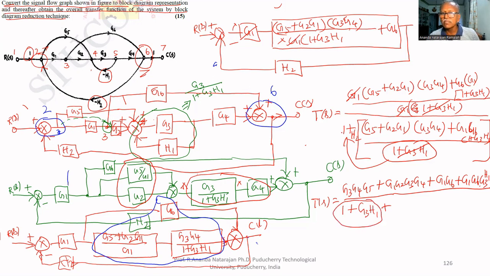Because of LCM, this 1 becomes this denominator plus whatever in the numerator we have to write: G3, G4, G5 plus G1, G2, G3, G4 plus G1, G6 plus G1, G6, G3, H1, whole this multiplied by H2.